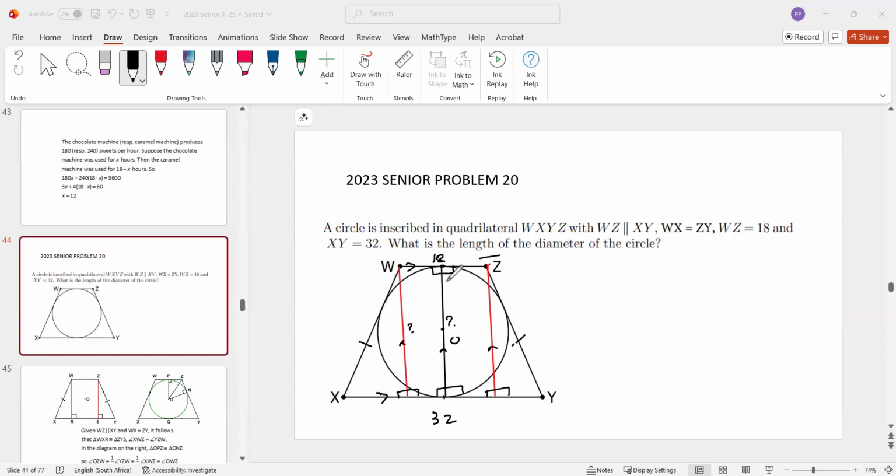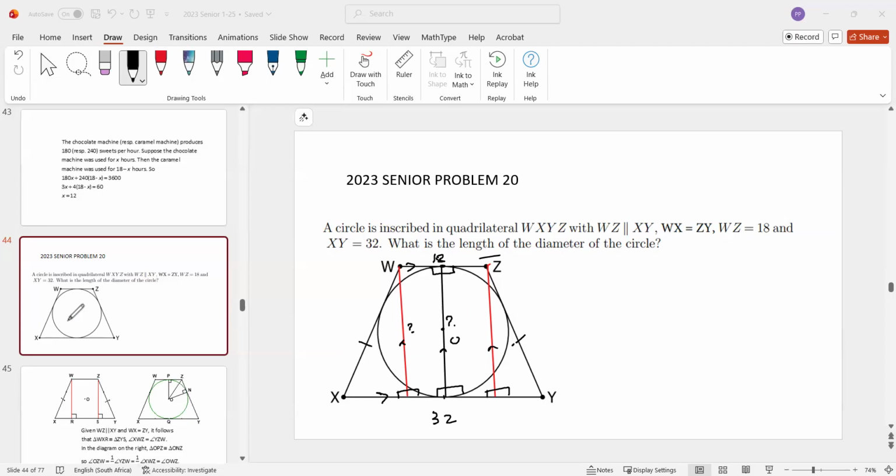Okay. Now, here's something. These two are actually equal. Those two lengths are going to be equal, by symmetry. You see, this whole thing is because these two are equal. Let's put it this way.